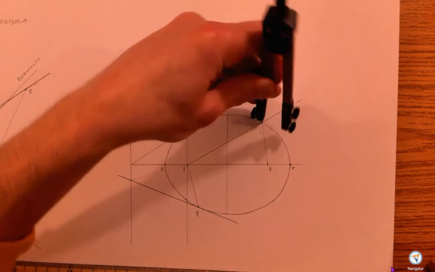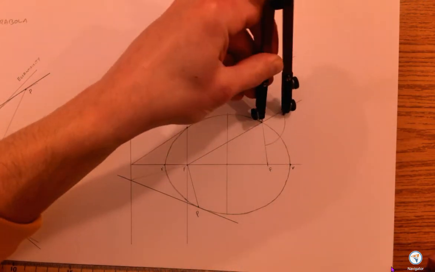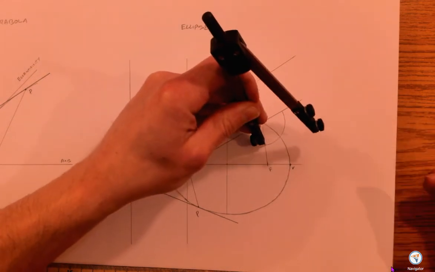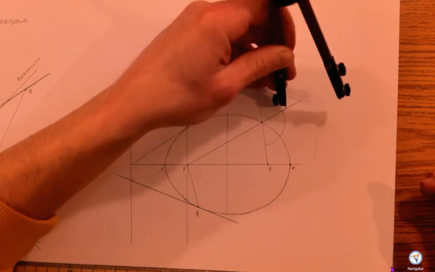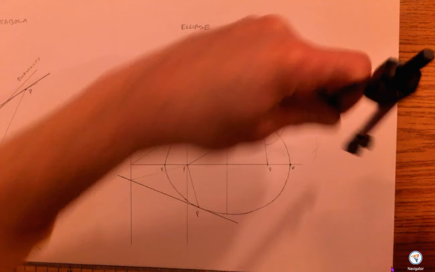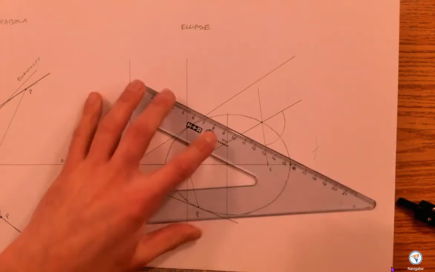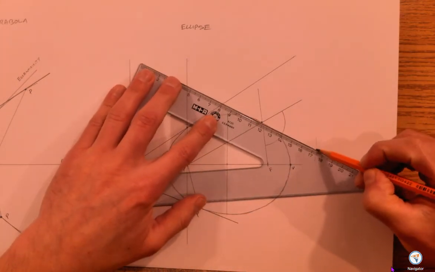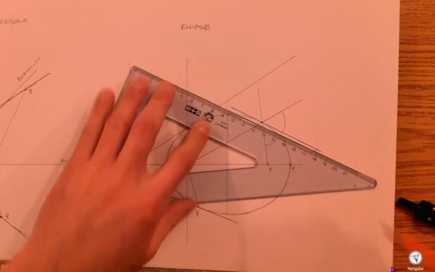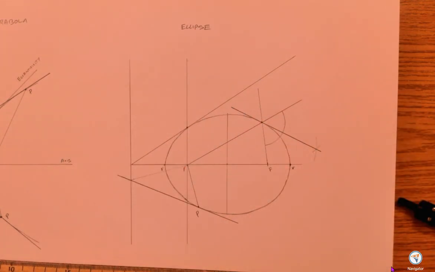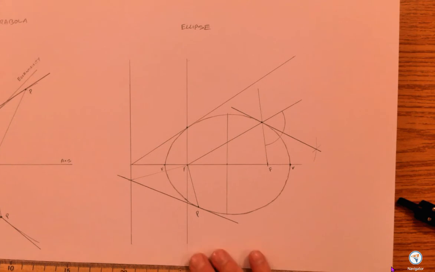So I'm going to just bisect this one, bisect my angle, extend out, and join back. So there is my tangent to the curve. So that's just converting it to the old school ellipse.